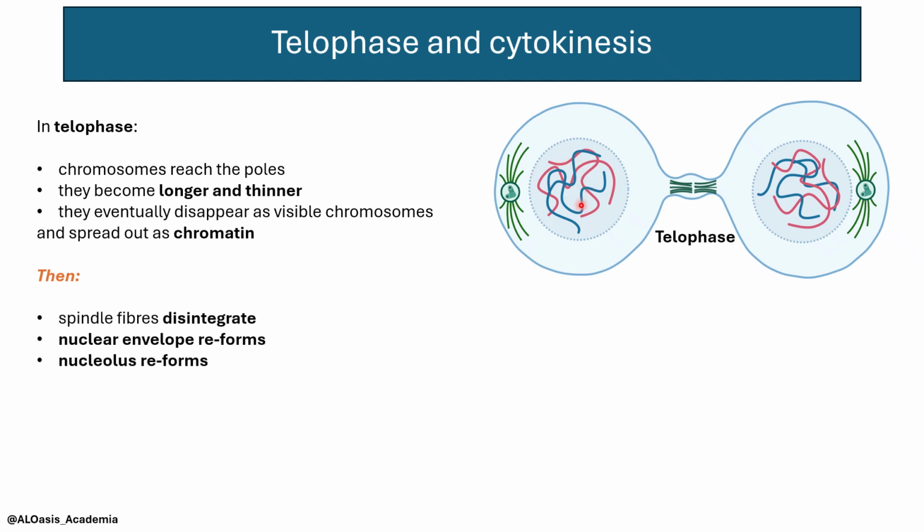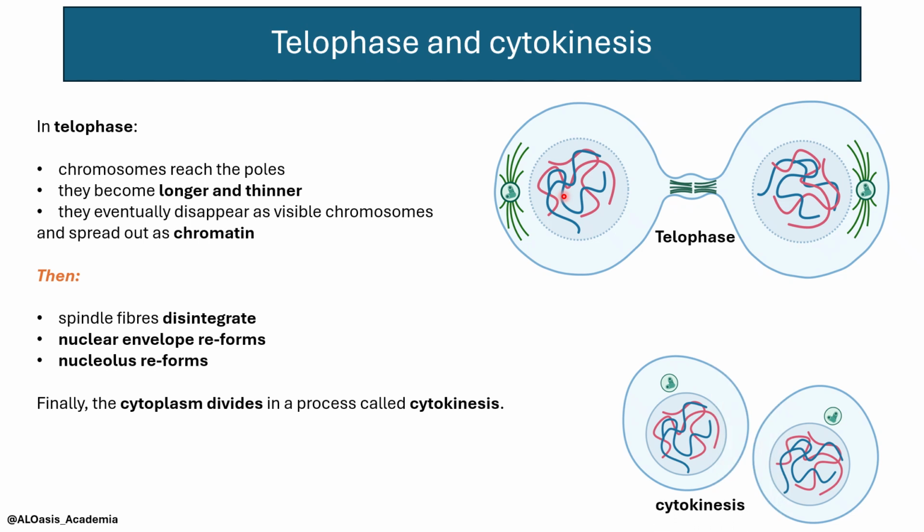Once that happens, the spindle fibers will disintegrate. So the spindle fibers that used to go across the cell in the previous stage now disintegrate. The nuclear envelope will start reforming, forming the nucleus, also along with the nucleolus. So all these happen in the telophase. Finally, the cytoplasm with the cell membrane will divide, producing two daughter cells at the end of the process.